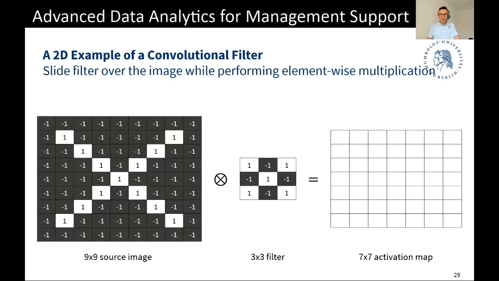If my input is 2D, my filter is also 2D. Remember, the depth dimension of the input determines that of my filter. Remember as well, filters tend to be smaller, so if my source image is 9 by 9, my filter is, for example, 3 by 3. It's just weights. And for simplicity, a weight is normally a real number.